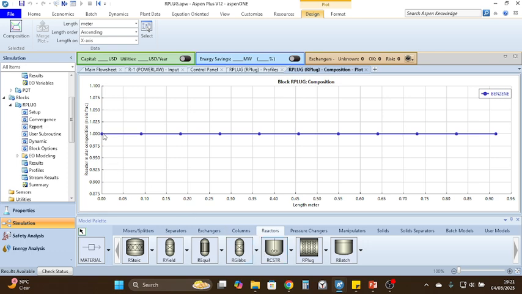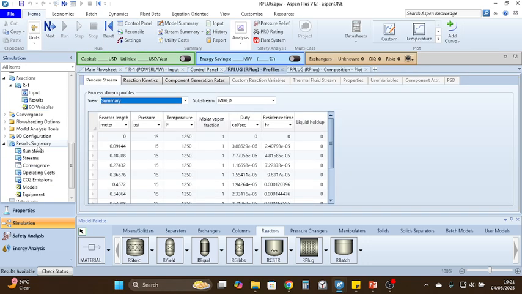So here you can see that there is very negligible change because of the consumption of benzene; the initial molar fraction was 1, and over here this is almost constant. Let us just look at this part once again.